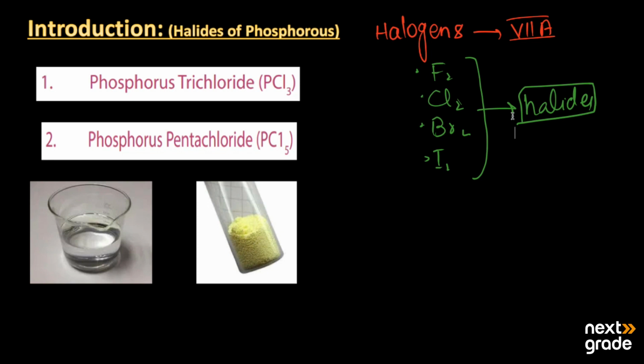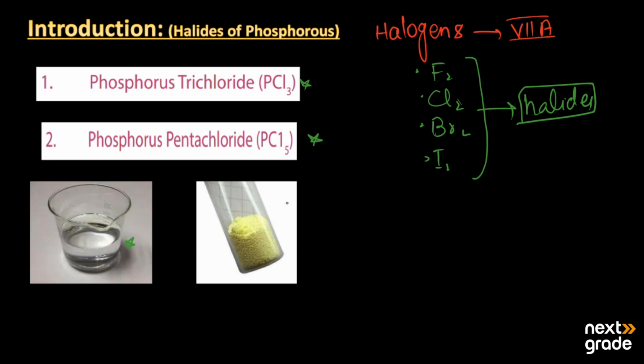And when phosphorus reacts with these halogens, it produces two types of halides. The first is phosphorus trichloride, and the other is phosphorus pentachloride. Now, what is the preparation of these phosphorus halides? The first is phosphorus trichloride, PCl3, which is transparent in color and in a liquid state.